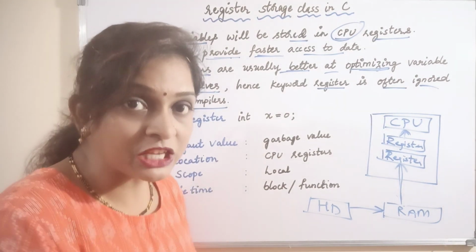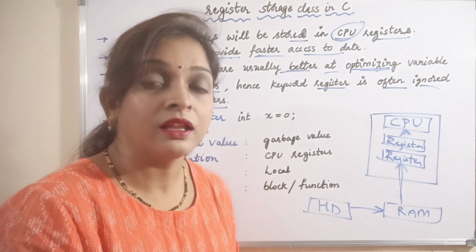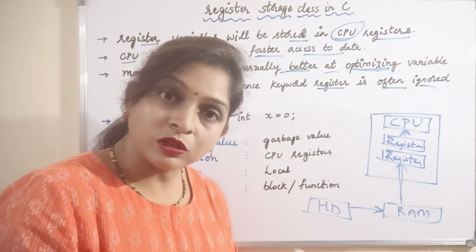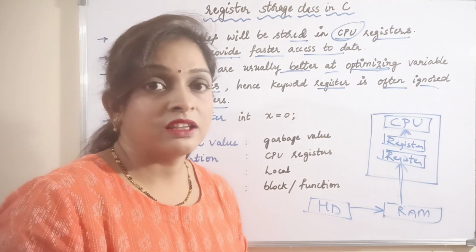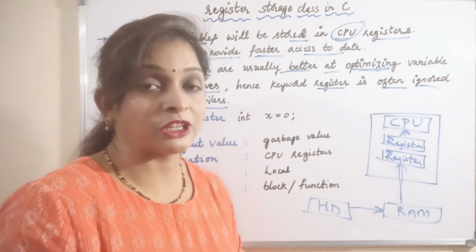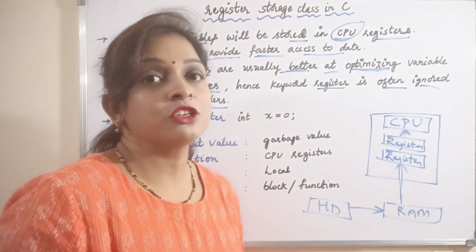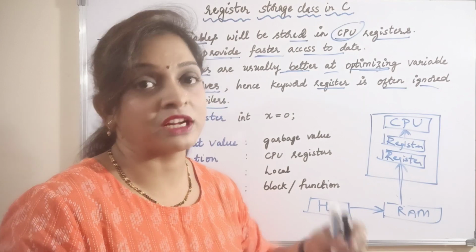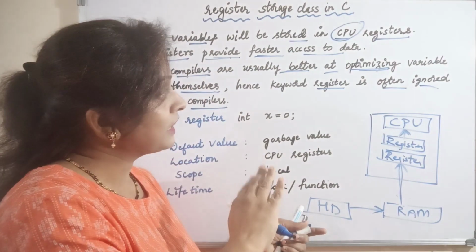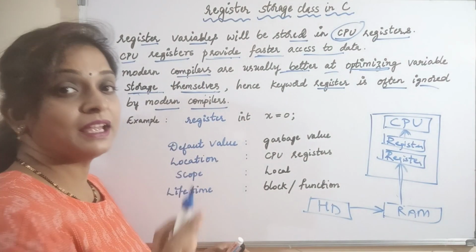If it is frequently used data, if the CPU has to access the data again and again, then the compiler automatically decides that the variable data has to be stored in registers. So the user need not break their head to decide where to store the data, inside the RAM or inside the registers. The compiler itself optimizes the variable storage.